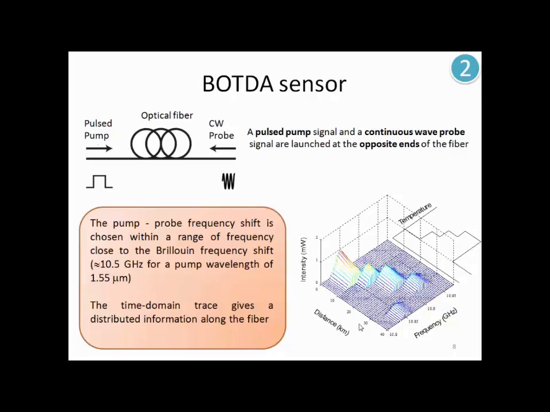The pump-probe frequency shift is chosen in a range of frequency near to the Brillouin frequency, that in single mode fiber is between 10 or 11 gigahertz, more or less. And here we can see the correspondence between the frequency and the temperature, and a change in the frequency is also a change in the temperature profile.